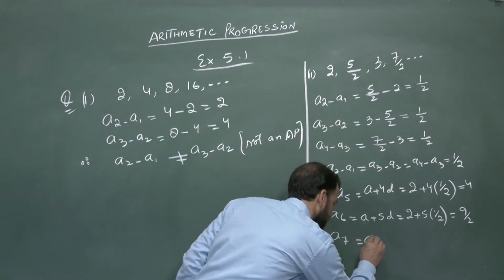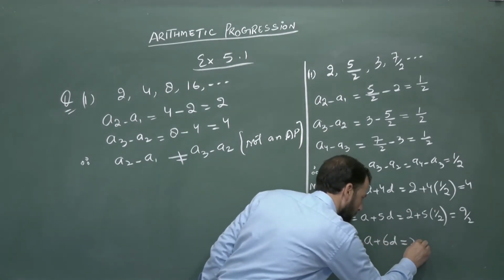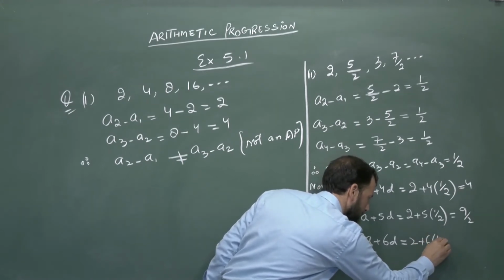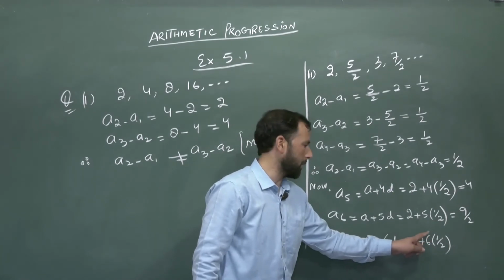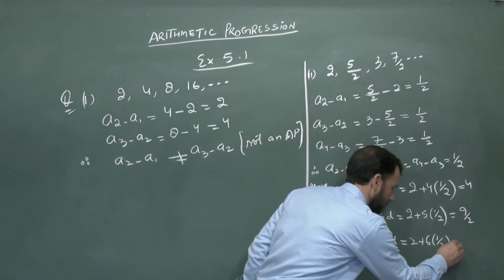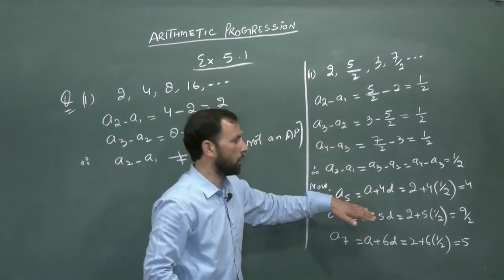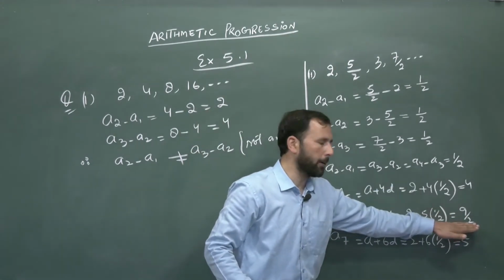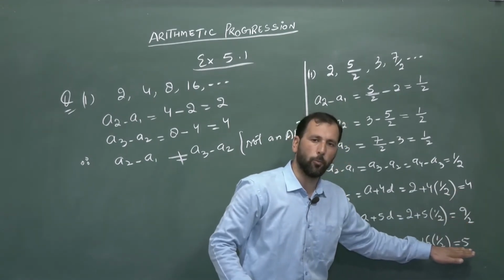It is A plus 6D, that equals to 2 plus 6 into D is 1 upon 2. When you cancel 2 and 3, 6, that becomes 3. 2 plus 3 is equal to 5. So the next 3 more terms are 4, 9 by 2 and 5.